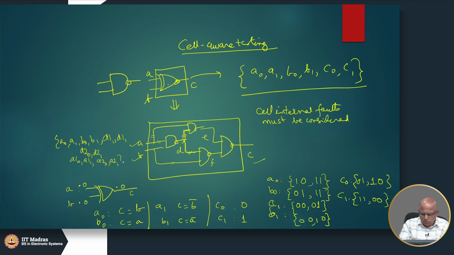So according to our checkpoint theorem, these are the fault lists. So there are a lot more faults. Here we only looked at 6 faults, but here we are looking at 12 faults. We may be able to eliminate a few more by equivalence and dominance, but it may not be too many that we can eliminate.